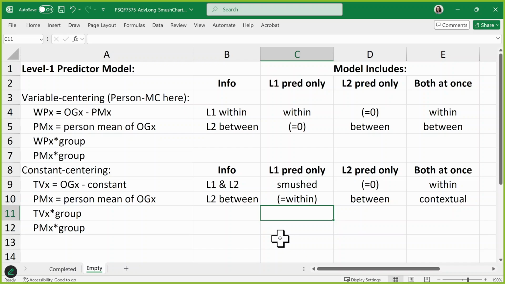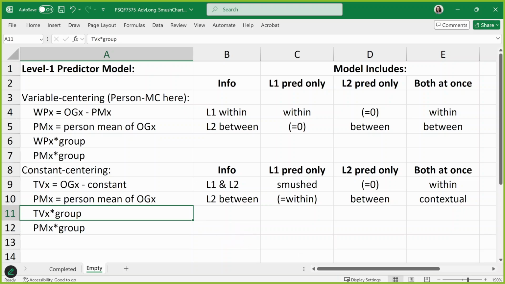By the same logic that the main effect is supposed to be carrying both the between effect and the within effect simultaneously, an interaction with time varying x by group would say that group moderates the within effect to the same extent that it moderates the between effect. Same thing. So if you just have this by itself, then you have a smushed cross-level interaction.